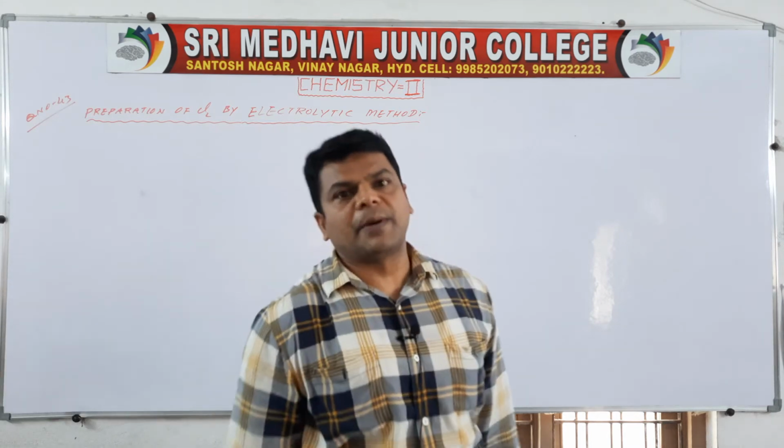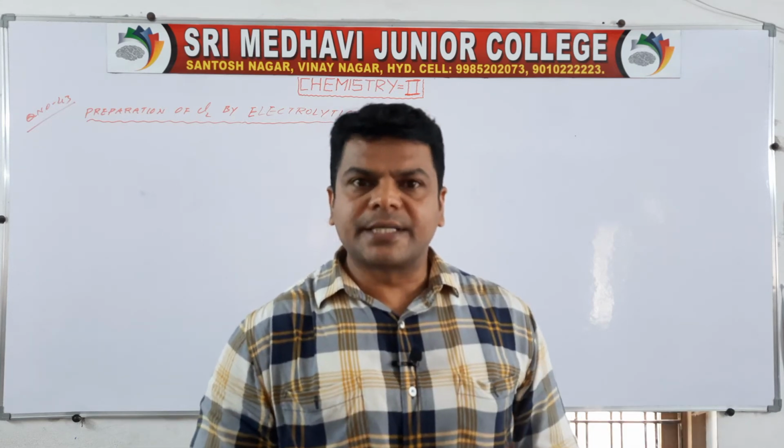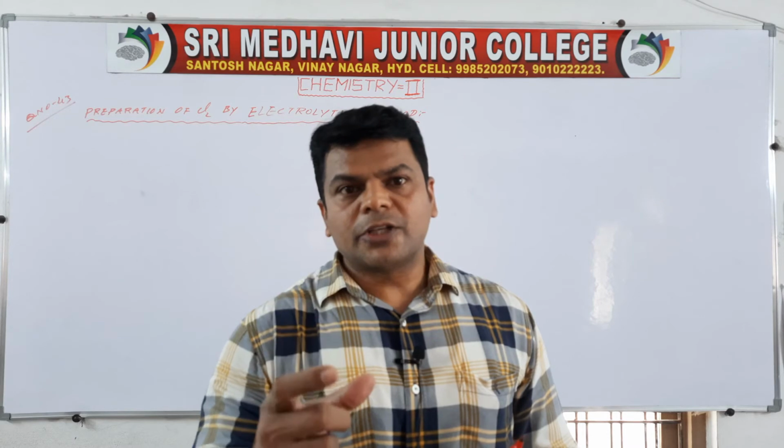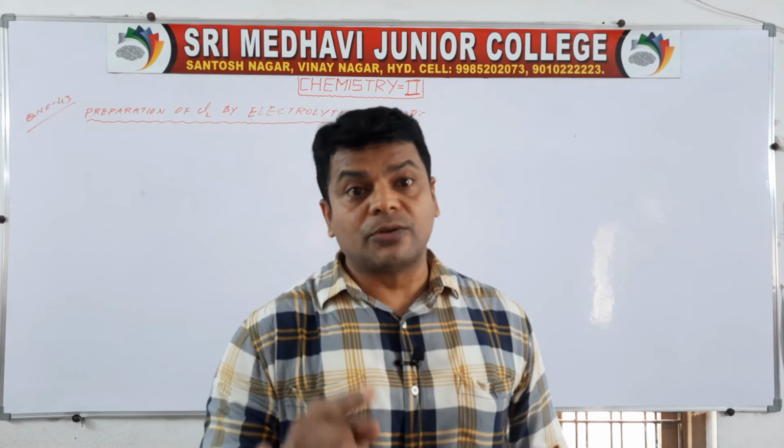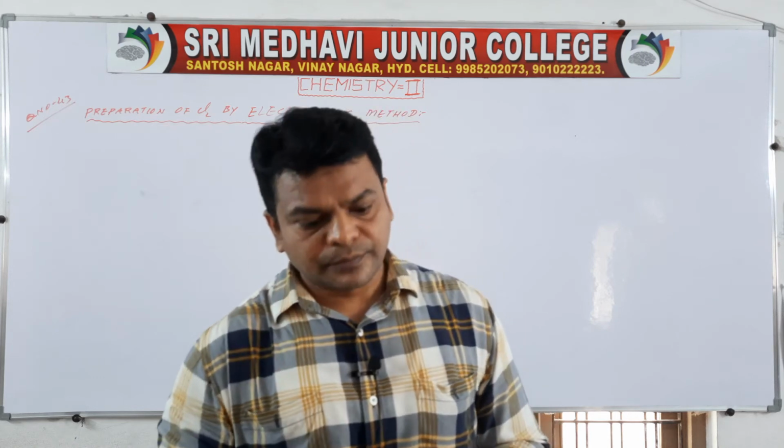How is chlorine prepared in the electrolytic method? We have to take an electrolyte called sodium chloride. On passing electricity, it is divided into its ions. Positive ions are attracted towards the cathode, negative ions towards the anode. At the anode chlorine is formed, and at the cathode sodium hydroxide plus H2 gas is evolved.